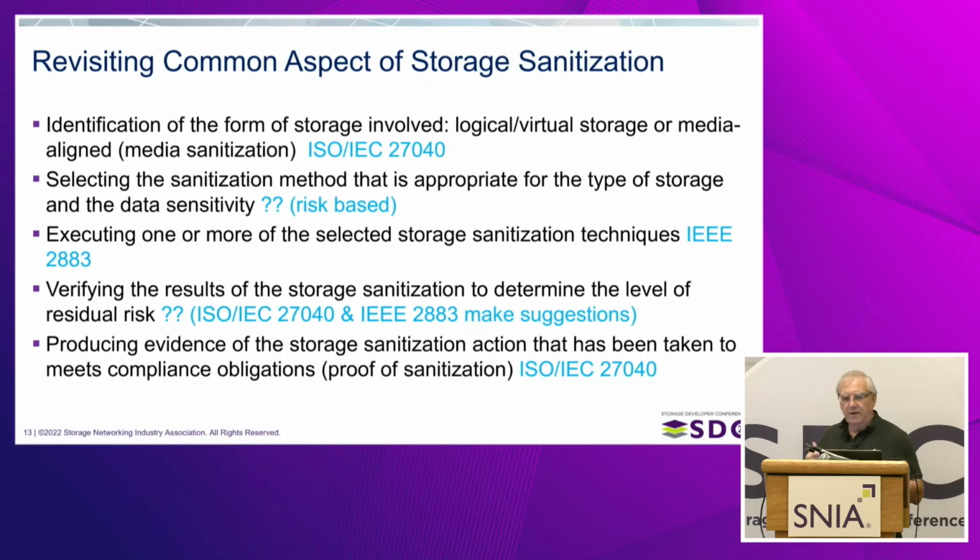Execution of a particular technique, definitely the space for 2883. The issue of verifying results, both 27040 and 2883 make suggestions. Again, this is an area where some future work is likely to be undertaken. And then the particulars in terms of what kind of evidence to produce and what it should contain is covered in 27040.